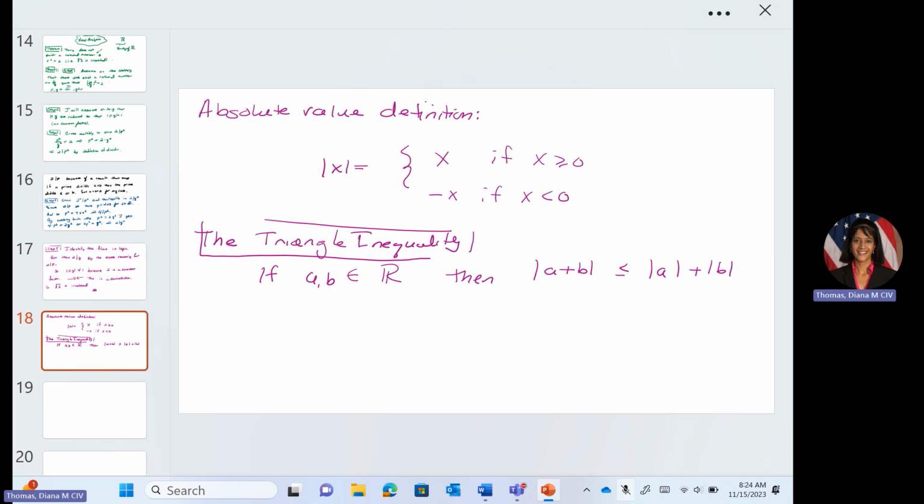Basically, if you have a triangle, then adding up the two lengths on the sides and taking the absolute value is going to be less than or equal to the sum of the absolute value of each thing by itself.